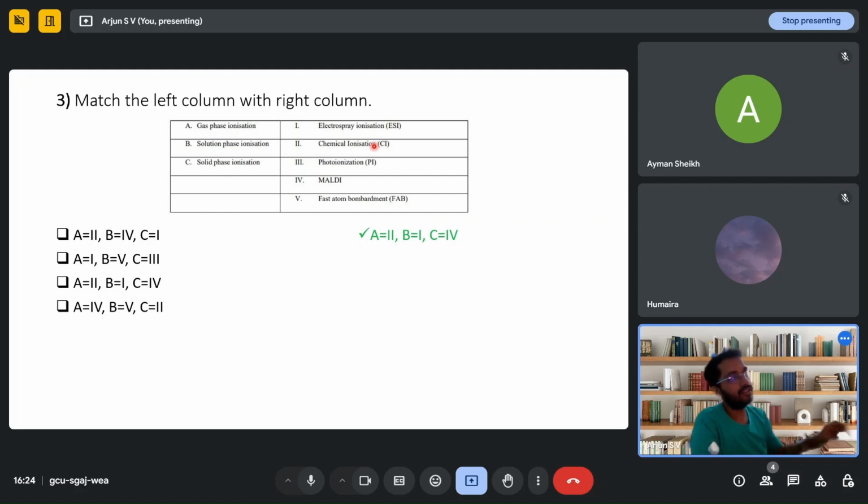Your gas phase ionization also can be your electrospray ionization. But if A1 is there, the remaining two options are not correct. It is your solution phase ionization corresponding to fast atom bombardment and solid phase ionization corresponding to your photo ionization. That is not correct. So your only correct option remaining here is A2, B1, and C4.